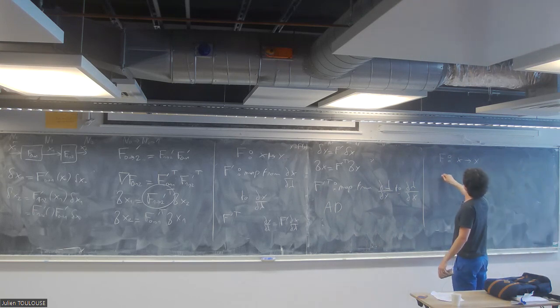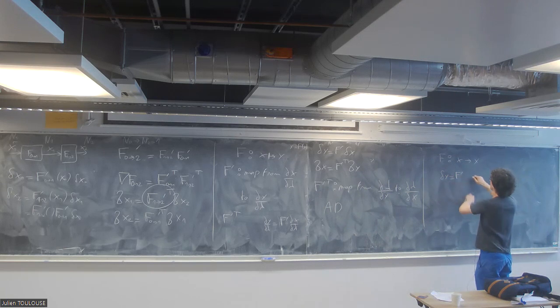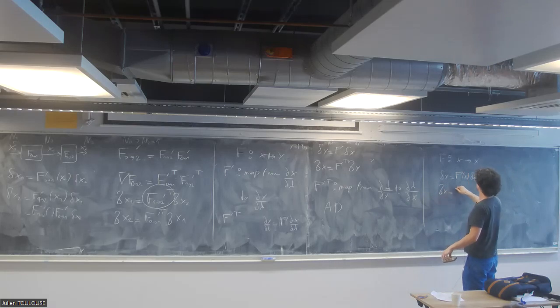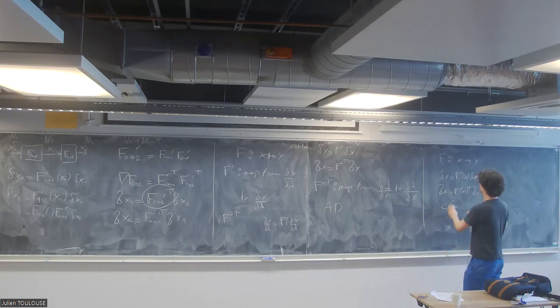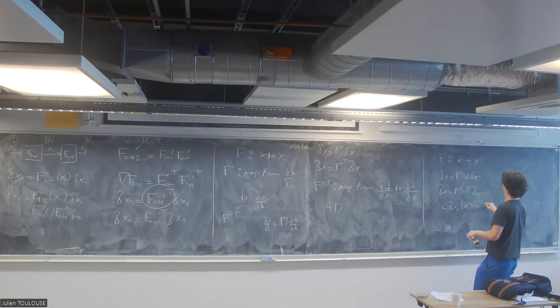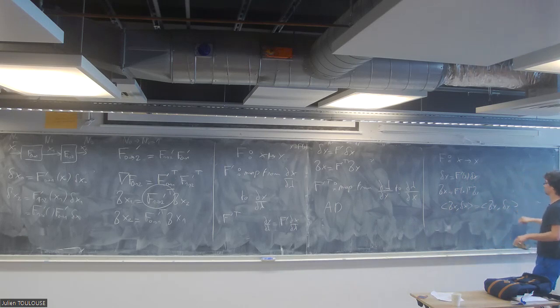So one nice thing to keep in mind is that delta y is f prime of x times delta x, and the adjoint of x is f prime of x transpose times the adjoint of y. What is the relationship between these two quantities? It's this. Maybe I put it on the left. Yeah, that's a neat equation.